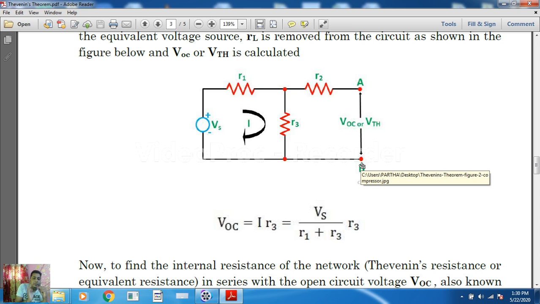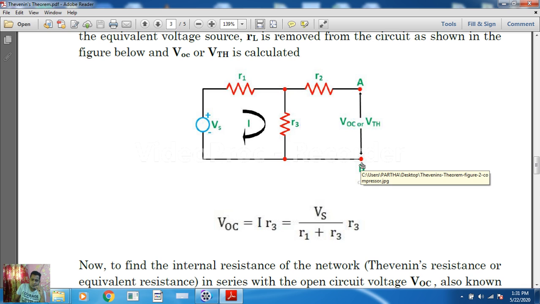Remember this point. I have taken an example of a circuit which has two loops, correct? Now you may get a circuit which contains 3, 4, 5, 6 or more loops, and you have to find the voltage or current across a particular resistor. At that time we maintain the same procedure.